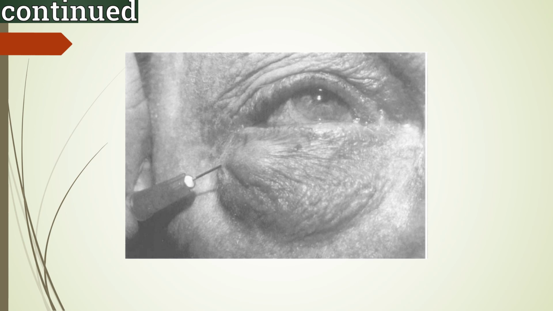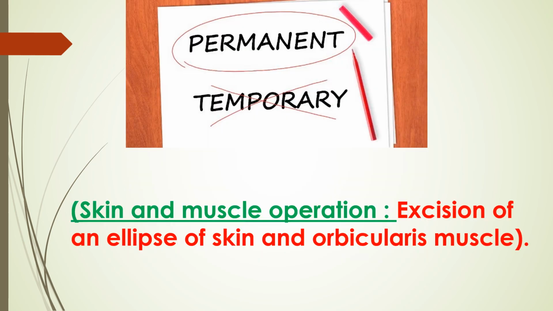This is a photograph delineating the technique of botulinum toxin injection. The skin and muscle operation or excision of an ellipse of skin and orbicularis muscle may produce a permanent relief.